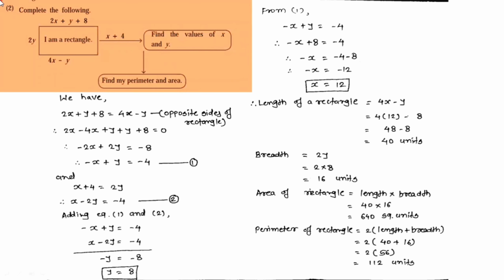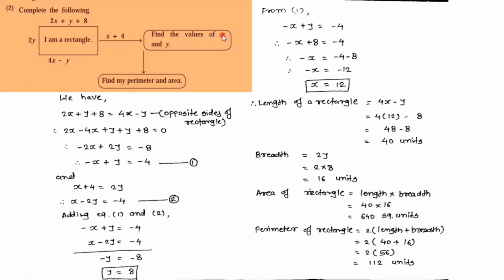Let us consider the next problem. Here, one activity is given. We have to complete the following. Now here a rectangle is given and its length is given in the form of two variables x and y, that is 2x plus y plus 8 and 4x minus y, and its breadth is given as 2y and x plus 4.